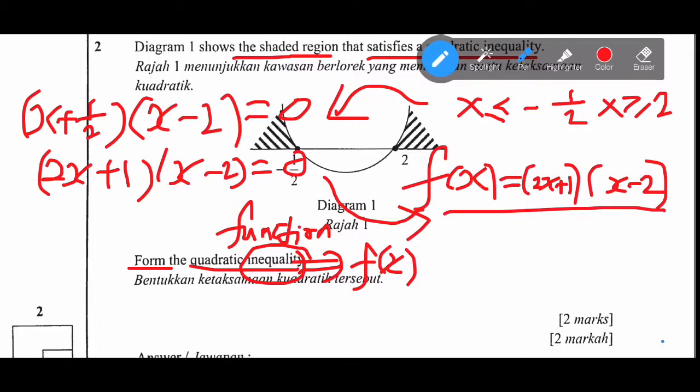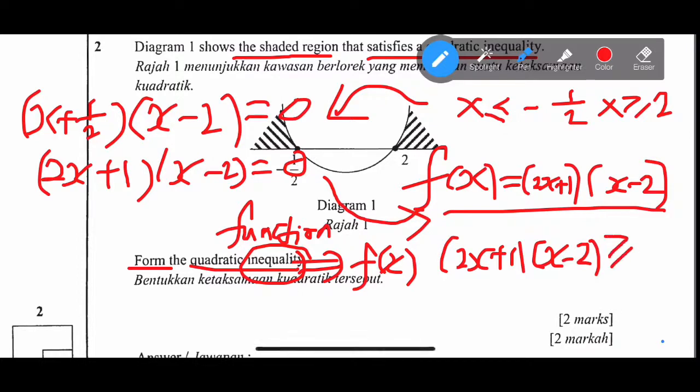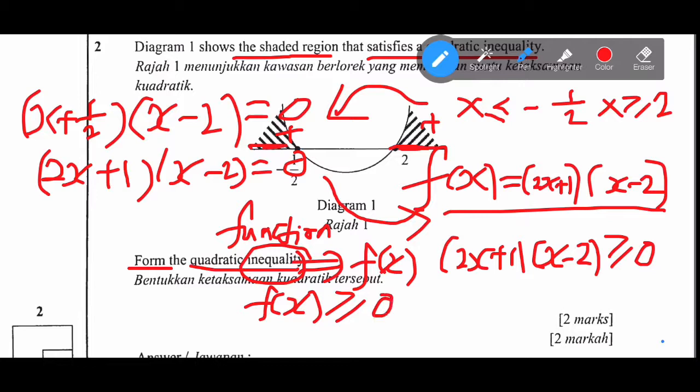So you cannot write your answer as, let's say, x equals 2 or x equals negative half. For sure they will mark you wrong. When you do this, you tend to write equal to something, right? So you have to pay attention to the instruction of the question. The keywords are very important.